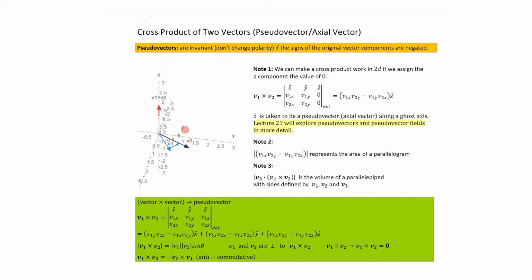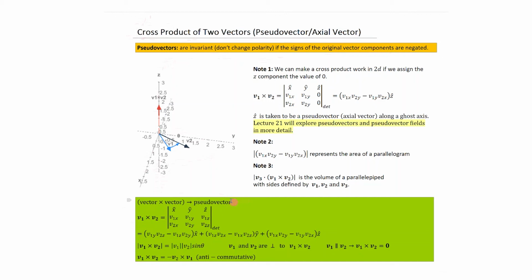So again, I have the diagram that we had before, but I've introduced now another vector, which is the resultant of taking the cross product between vector v1 and v2. And that's right here. Turns out that a cross product produces a third vector, which means it's an operation on two vectors that produces what looks like another vector, but we're going to call it a pseudovector.